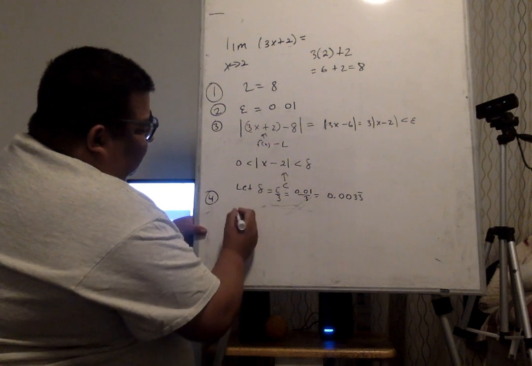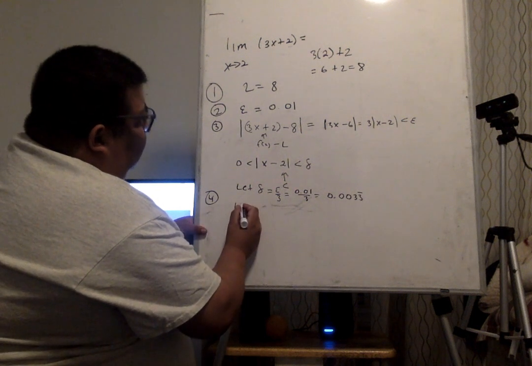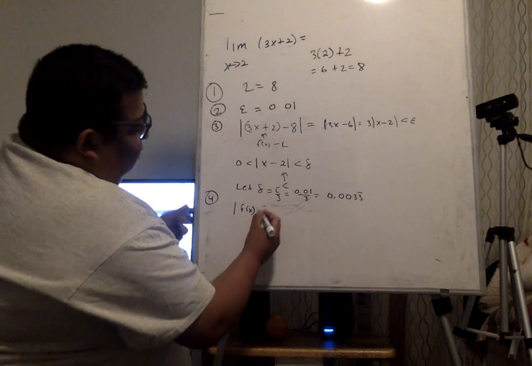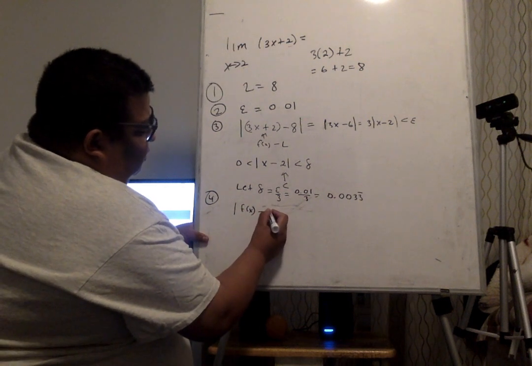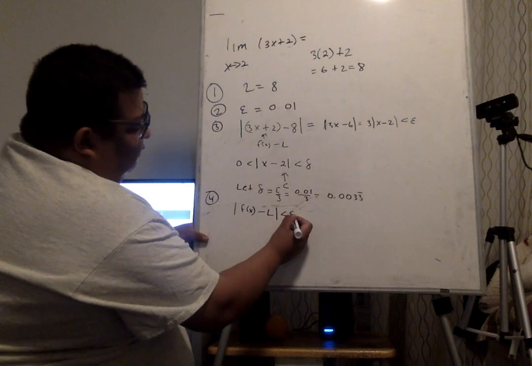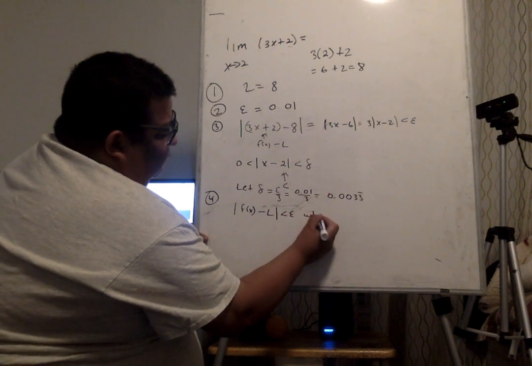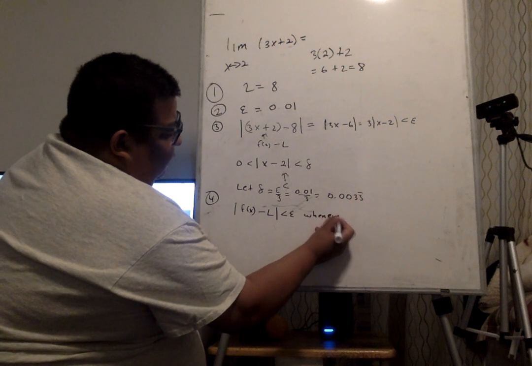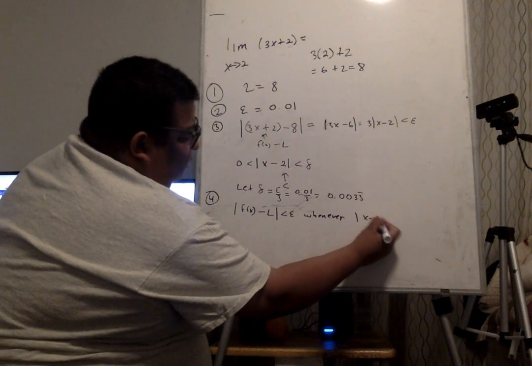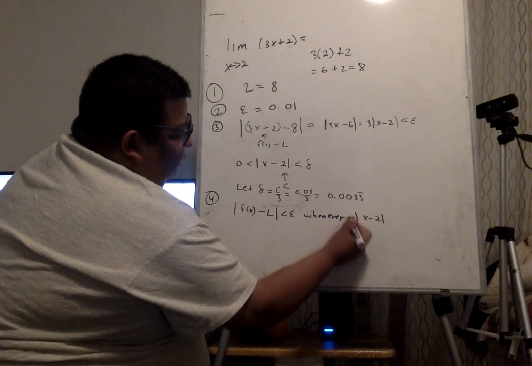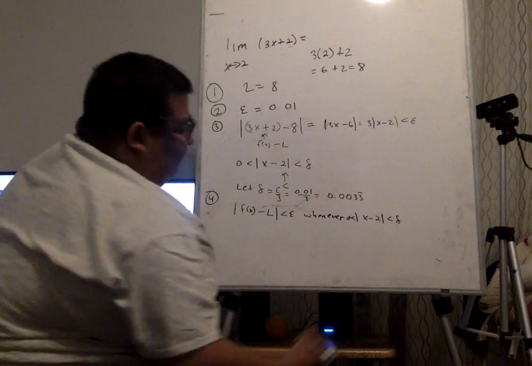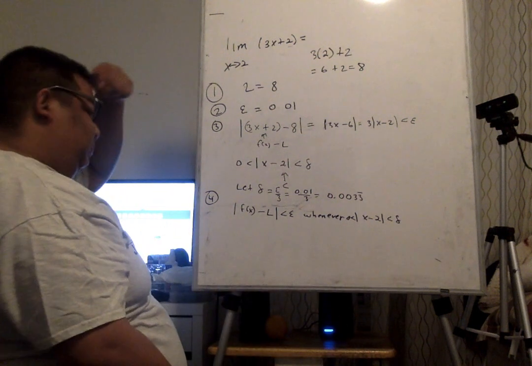We have to say f of x, which is 3x plus 2, f of x minus L is less than epsilon whenever x minus 2 is less than delta. So now let's plug in what we know.